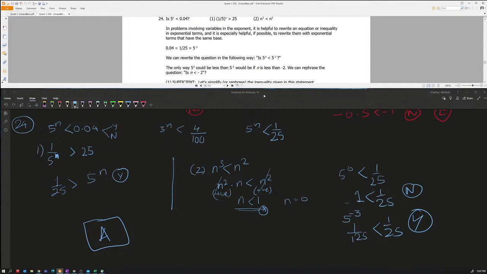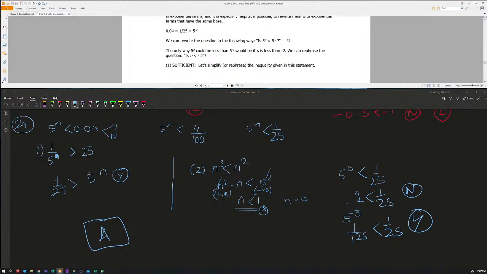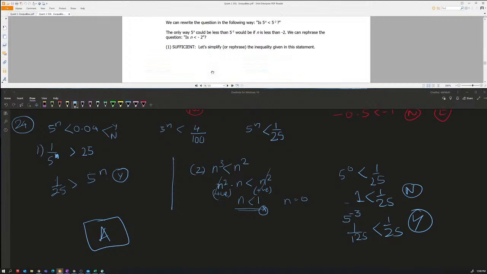You can rewrite the question as: is 5 power n less than 5 power minus 2? Now the only way 5 power n could be less than 5 power minus 2 would be if n is less than minus 2. You can rephrase the question as: is n less than minus 2?